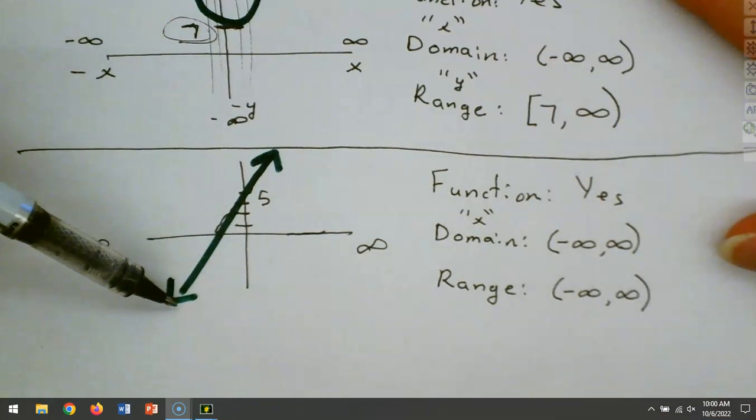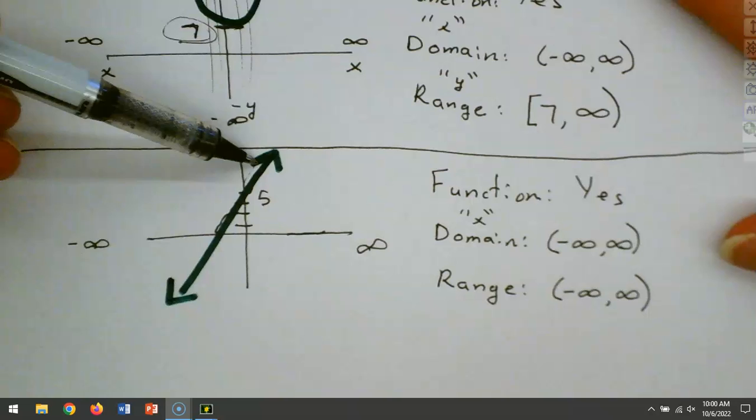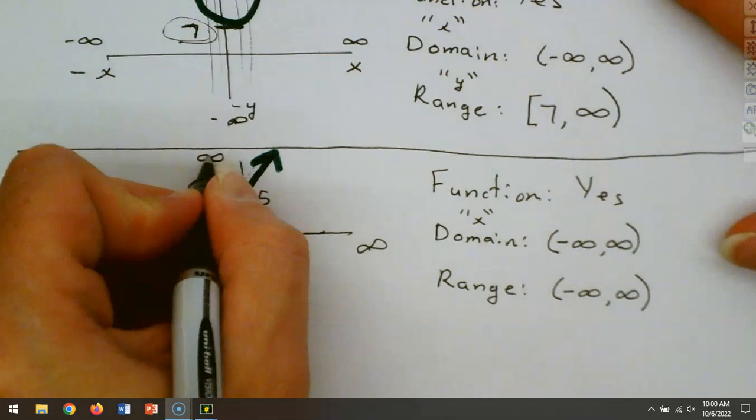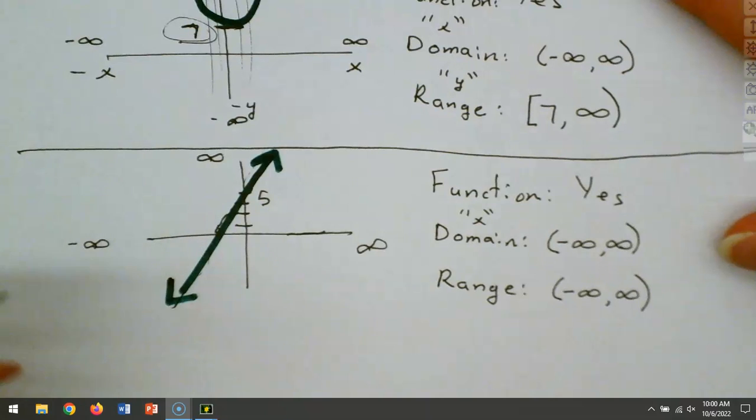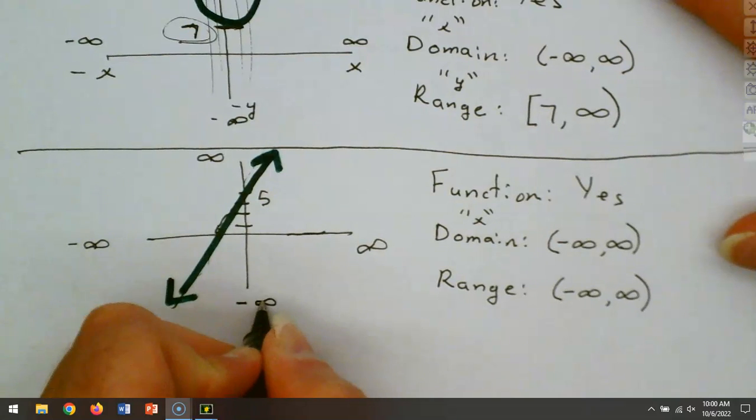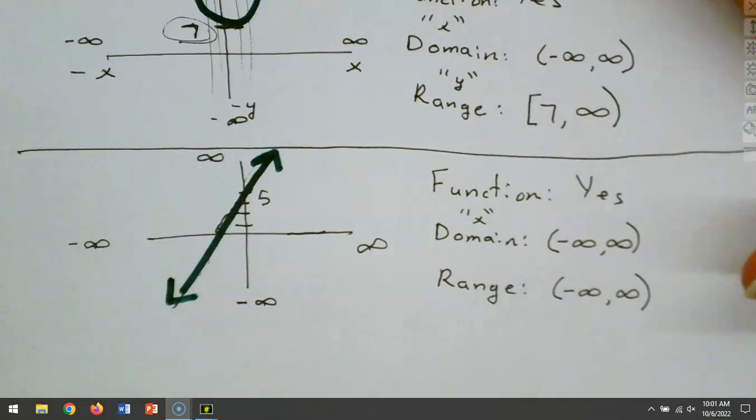Because look at your graph here. You're going up through the ceiling. That's going up to positive infinity. The other one is going what? Down, and it's going down to negative infinity. So your domain and your range are both negative to positive infinity.